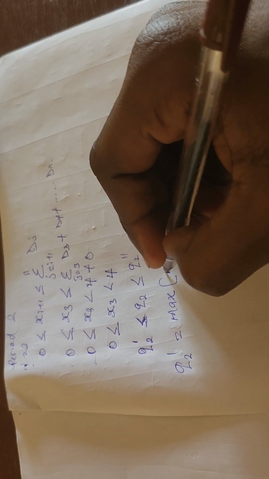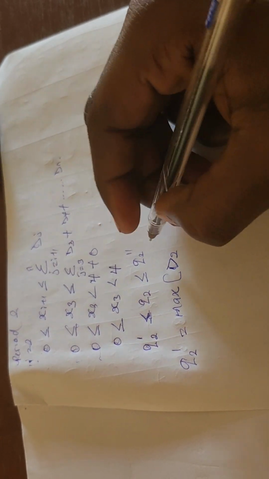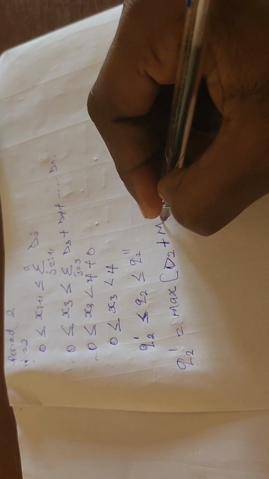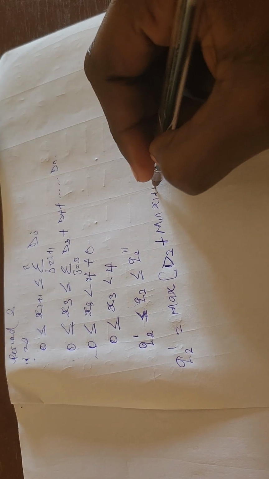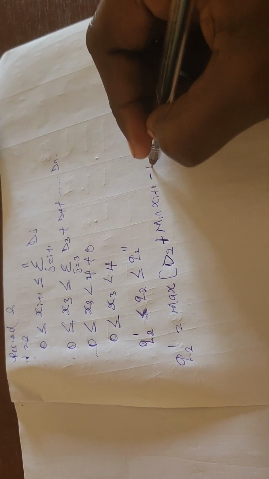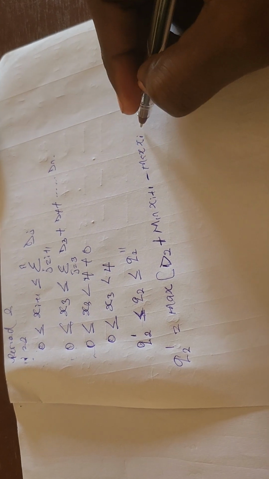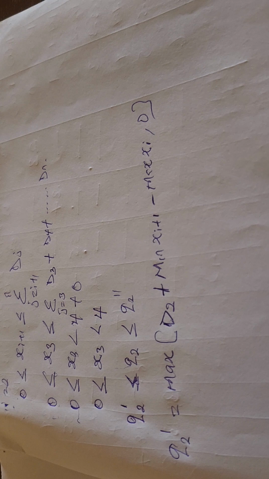It will be our d2 plus the minimum of x_{i+1}, minus the maximum of x_i, and then we have our 0, right?